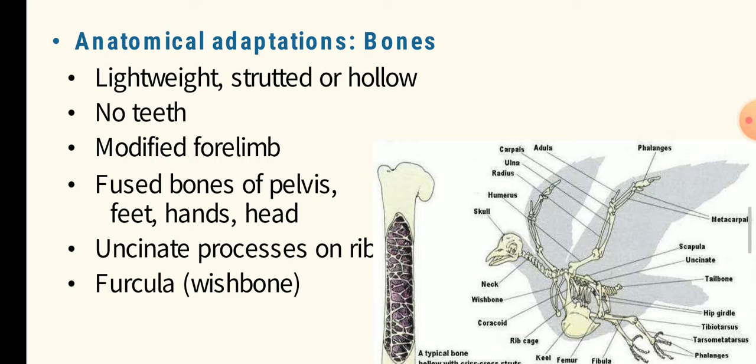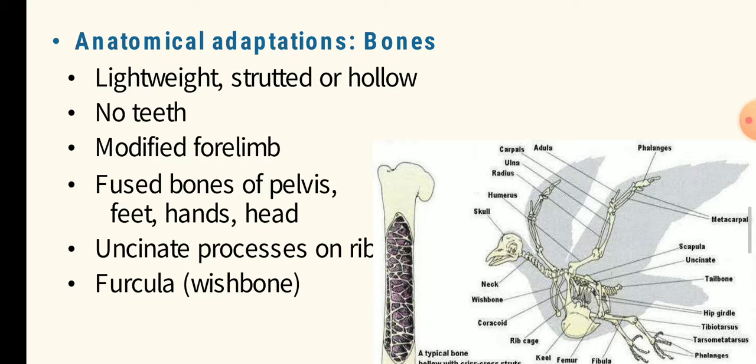Also, the thoracic vertebrae except the last ones are fused into a single mass, giving rigidity to the dorsal part of the vertebral column, and this fusion provides a firm fulcrum for the action of the wing in striking the air.